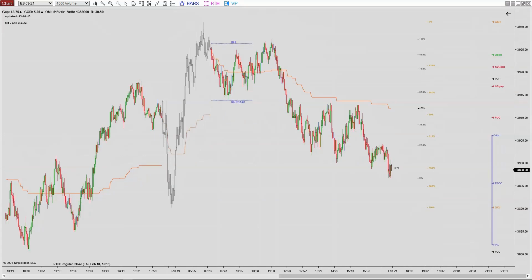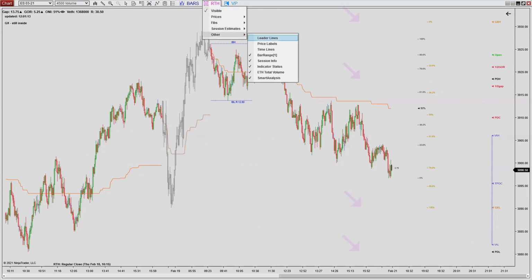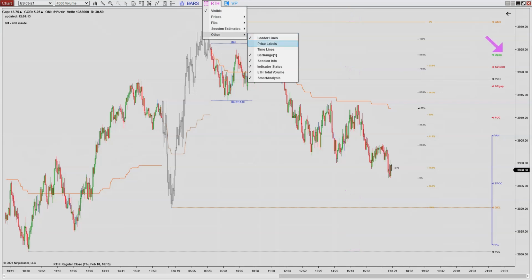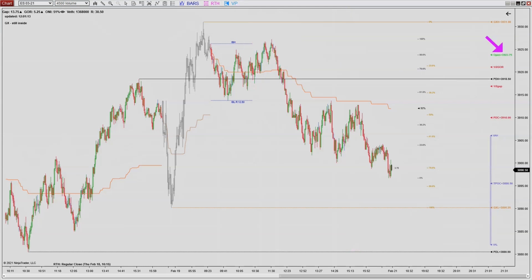The submenu called Other allows you to select amongst a variety of options: using leader lines to plot the session highs and lows, adding price to text labels, and drawing up to 3 vertical lines at specified times, noting a 4th timeline will be drawn automatically at the session start.